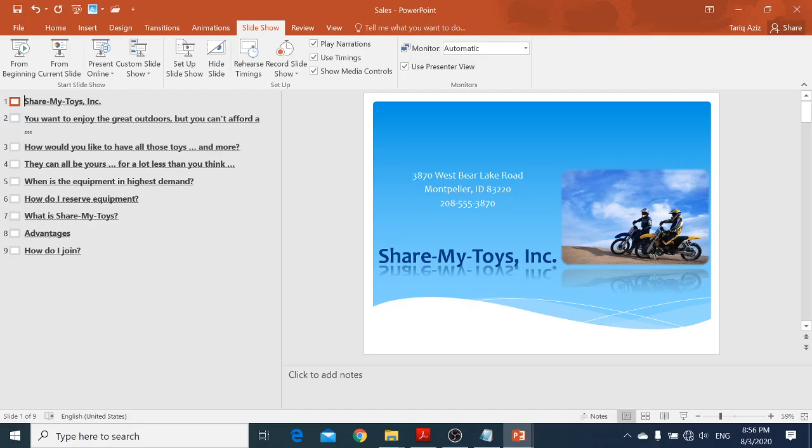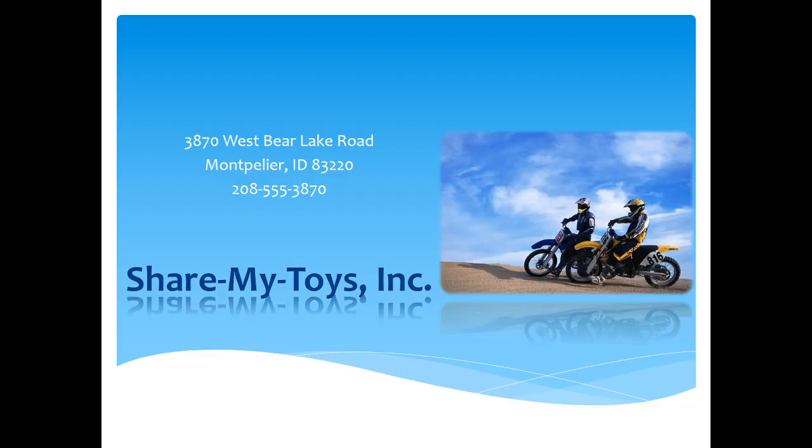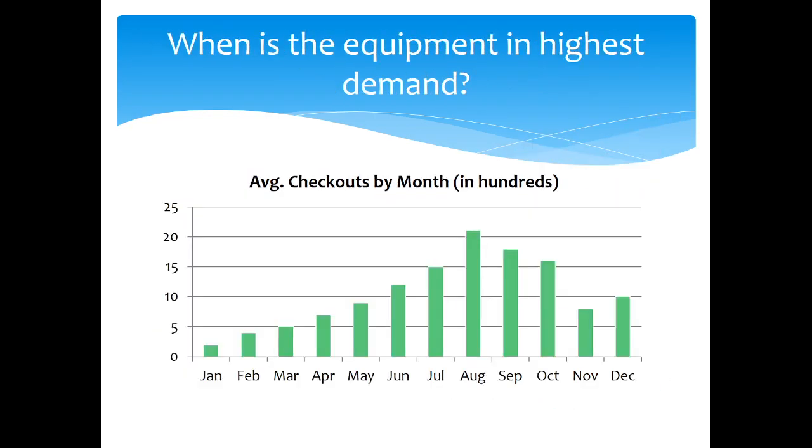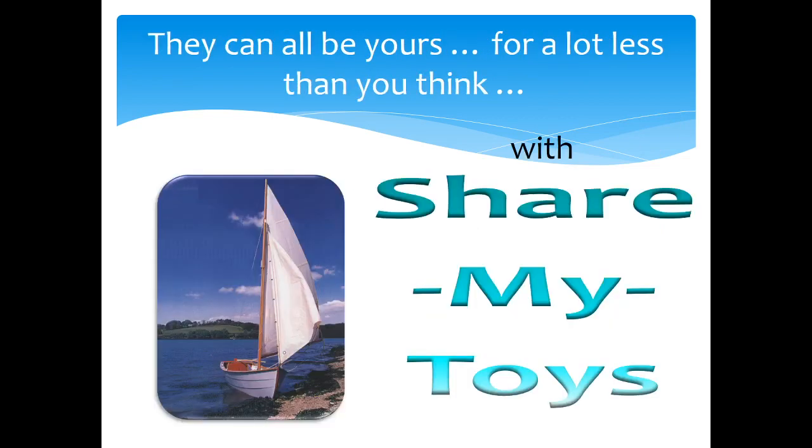Let me try now. There you go. So if you see here, we can see the slides from the beginning. I can use the arrow keys, down arrow key or right arrow key, go for the next slide, next slide, next slide, back arrow key, the previous slide.